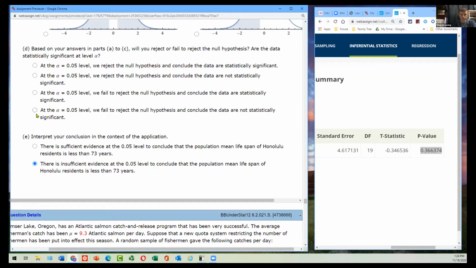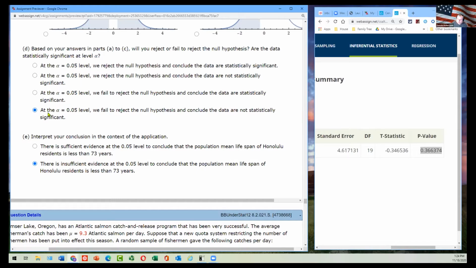Four. 2. Well, it's either 2 or 4, so let's see the choices. At 2, we reject the null hypothesis, it's not significant. And at 4, we fail to reject it. So it's 2 or 4.